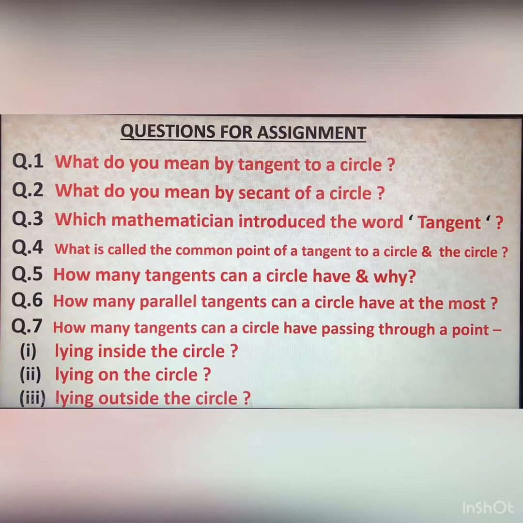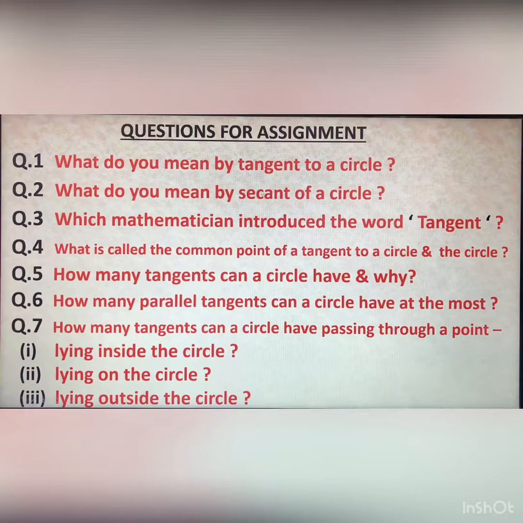I think all your answers are in your mind, but I want to tell you once again. What do you mean by tangent to a circle? It means if a line and a circle have a common point, then that line is known as a tangent to a circle.